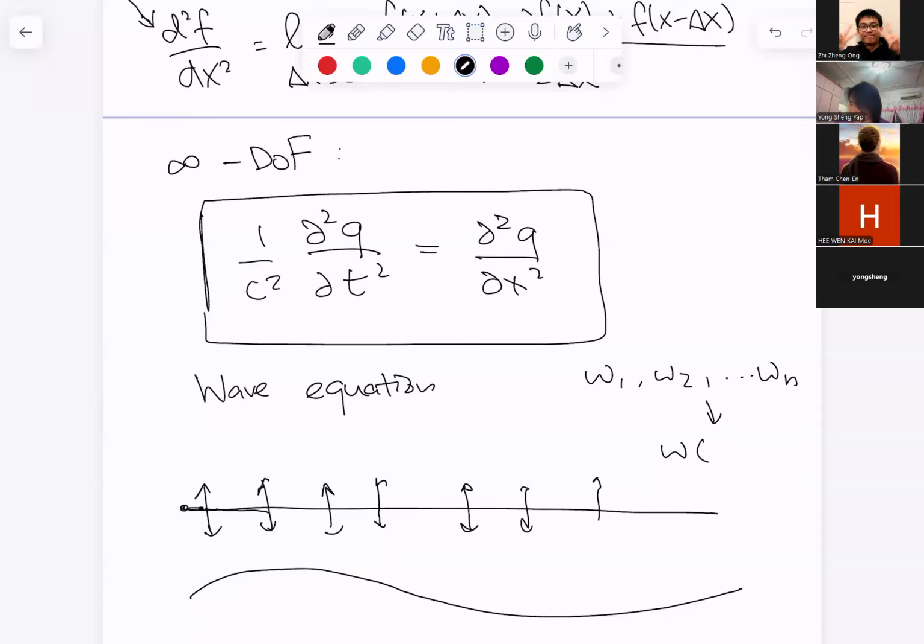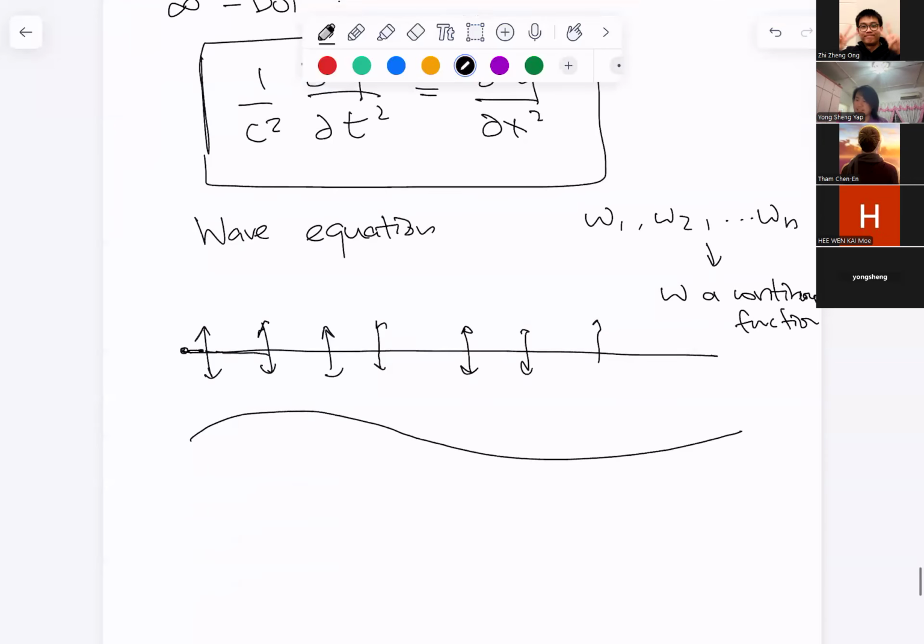Let's say, I don't want to use K because K is going to be very confusing. It's going to be a continuous function, because we have an infinite number of possible frequencies. And it's really nice because we can have waves of different frequencies.